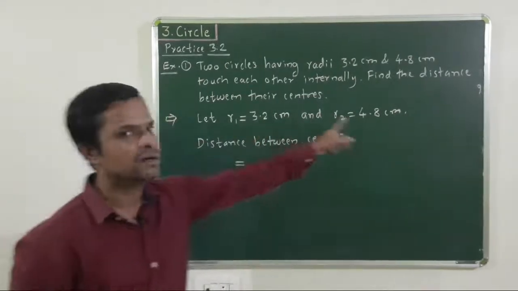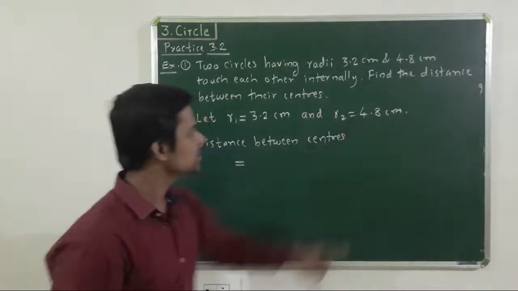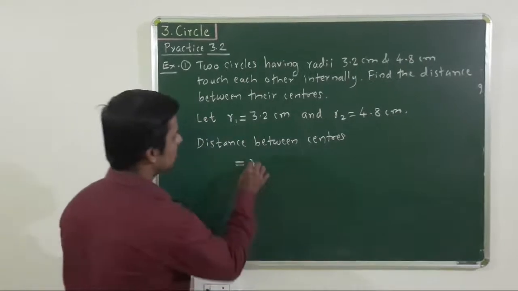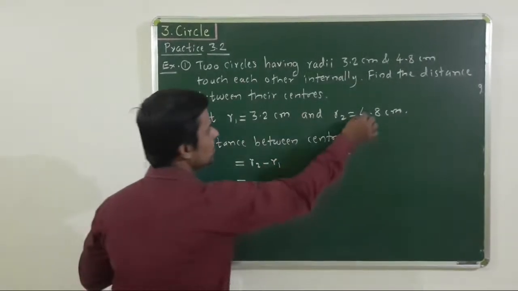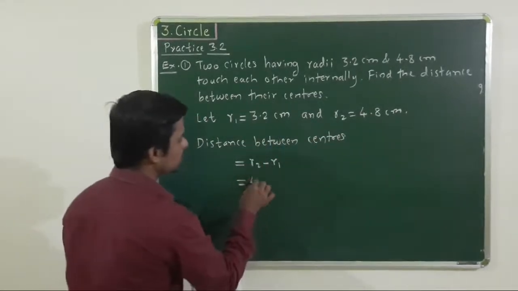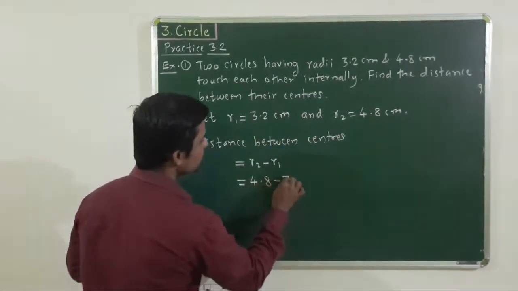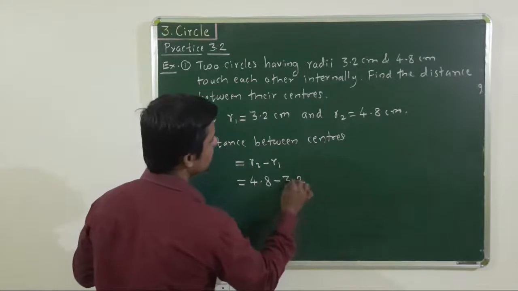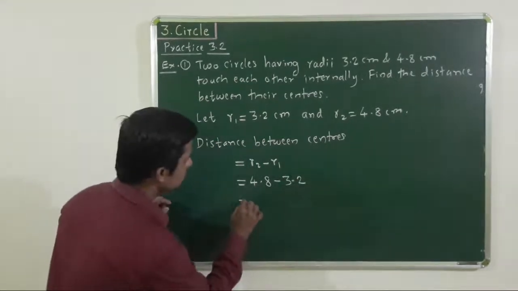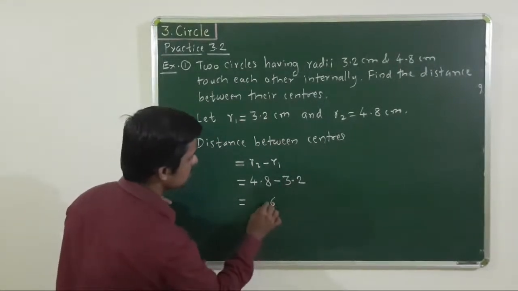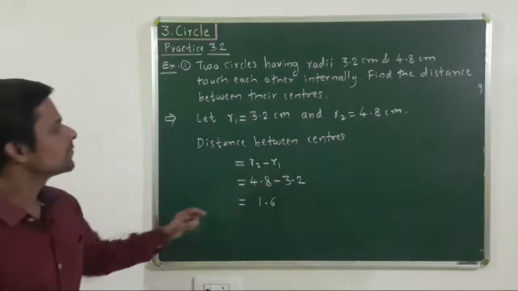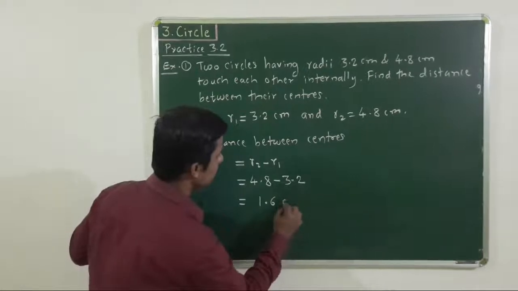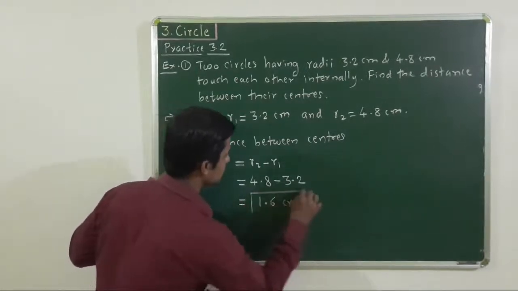Now the bigger radius is R2, and the smaller one is R1, that is R2 minus R1, that is equal to 4.8 minus 3.2, that is 1.6. Therefore, the difference between their radii is 1.6 centimeter.